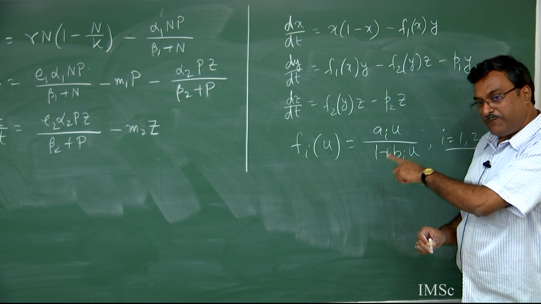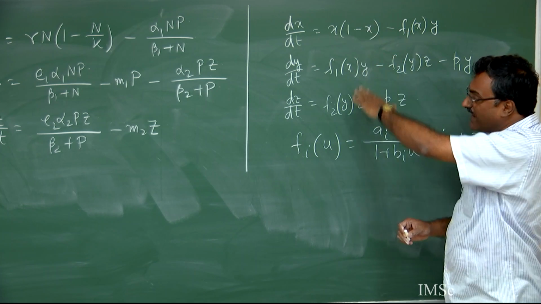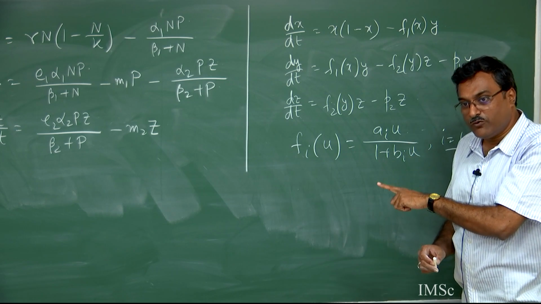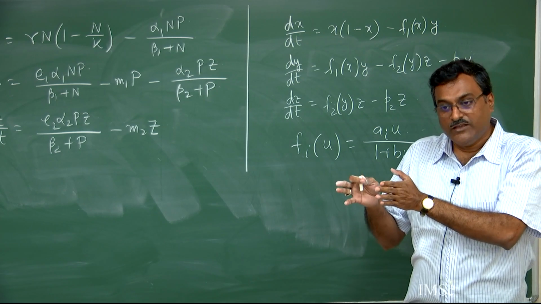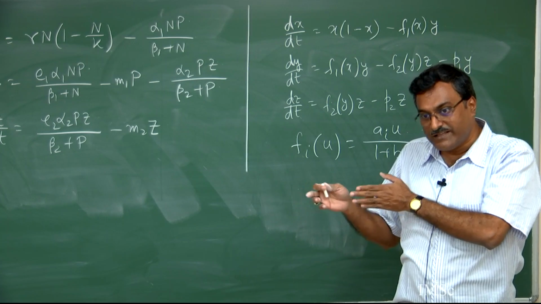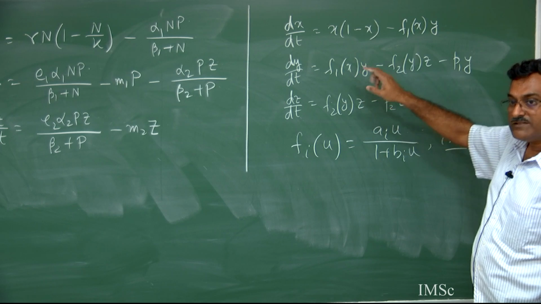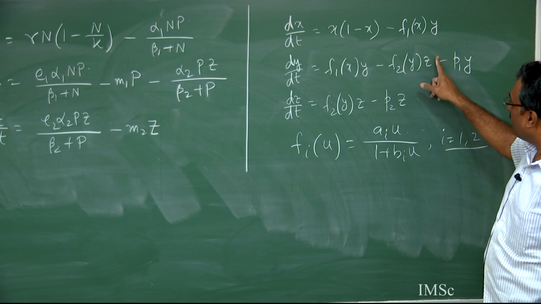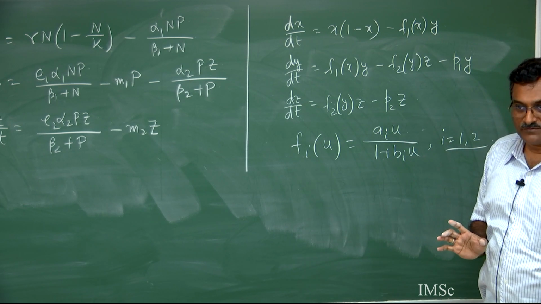So therefore, once you have the result for the entire model with b1, b2 both not equal to 0, then as special cases you can derive some conclusion for the situation that the interaction between the first two species follows the Holling type 1 functional response, whereas the interaction between the second and third species follows the Holling type 2 functional response.